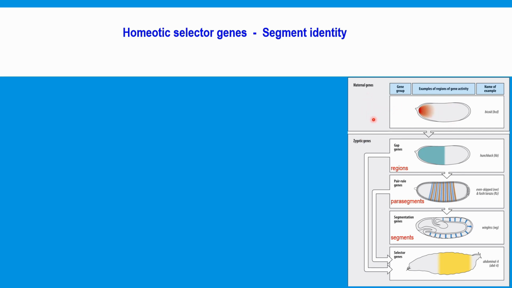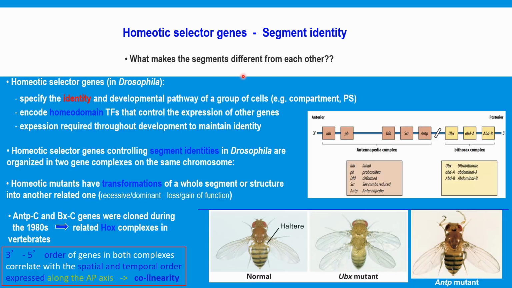We have the maternal genes, which set up the gap genes, which then set up the pair-rule genes, which contribute to the setup of the segmentation gene expression to give rise to these segments and anterior-posterior patterning in each segment. And finally, we come to these homeotic selector genes, and the expression of these genes takes its cues from gap genes and pair-rule genes.